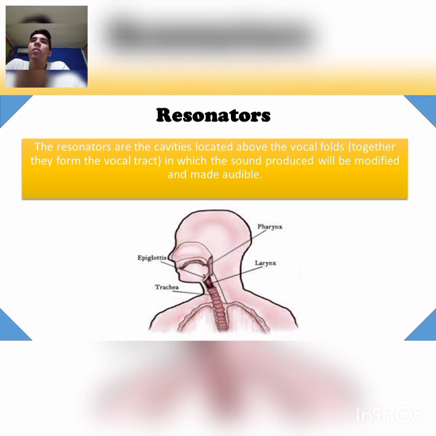The resonators are responsible for transmitting the low frequencies of the voice through our skeleton. So if you cover your ears and speak, you will hear your voice differently. The resonance of the voice is supported by the body: cranial, thoracic, and facial resonance.